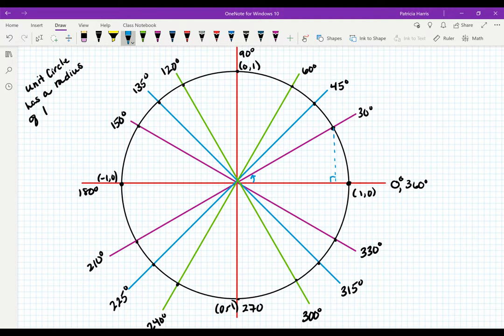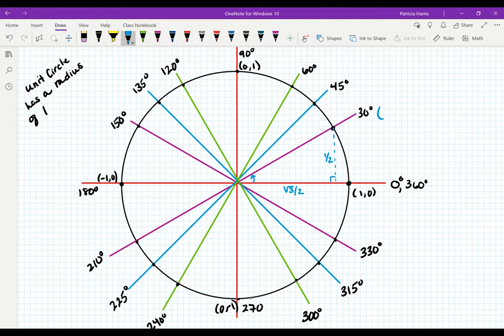Okay. So if the hypotenuse is 1, then I can find the lengths of the other sides. So it turns out that the lengths of the other sides are, okay, believe it or not.